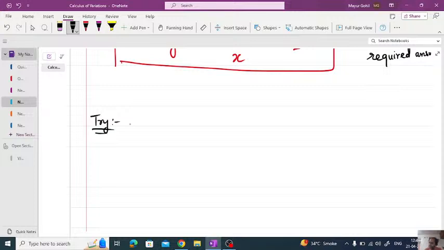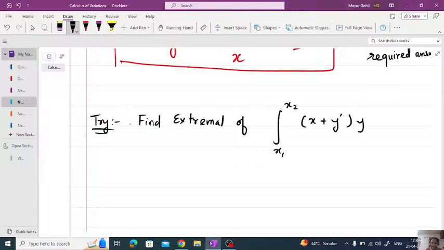You can do this here as: find the extremal of the integral from x1 to x2 of x plus y dash into y dash dx.